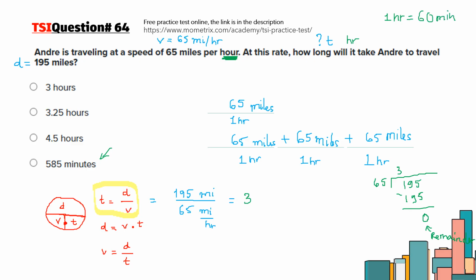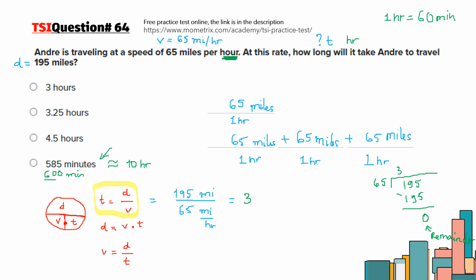So 585 minutes is about, I say about because we don't want to take our time to do the exact numbers, close to 600 minutes, so it's close to 10 hours.